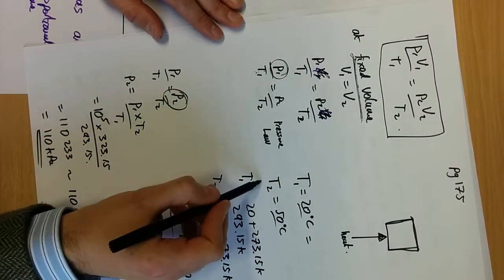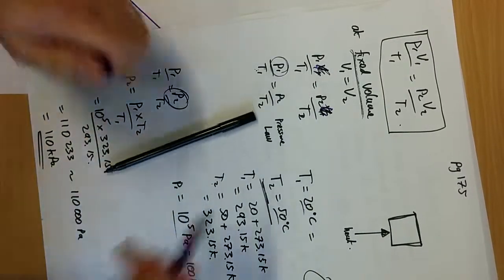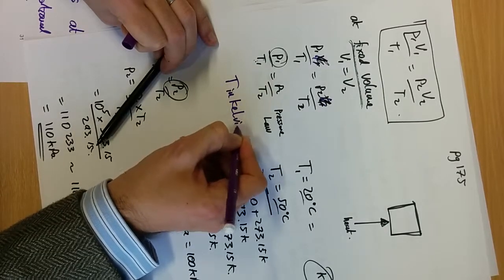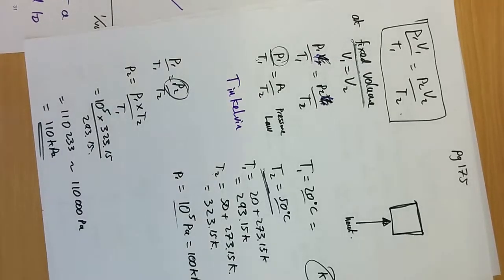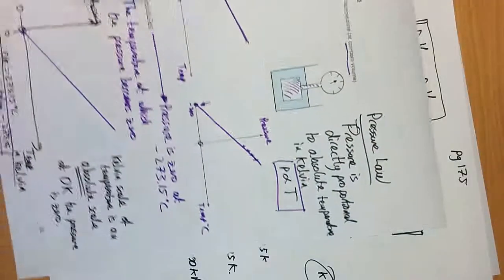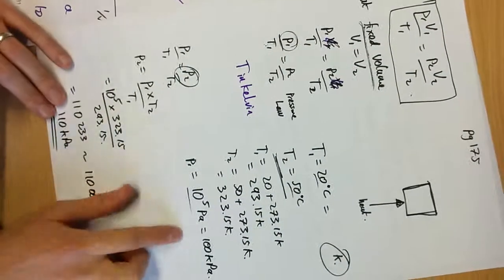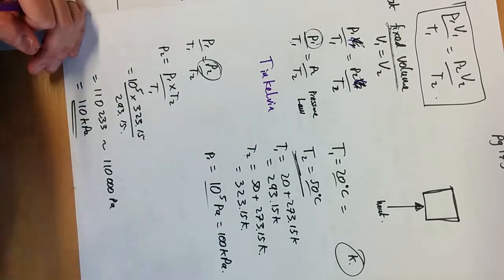You have to turn your temperatures into Kelvin. Temperatures must be in Kelvin for using the pressure law. It's got to come down to 0; it's got to be directly proportional. Then we just substitute in the numbers and we get the answer. Okay, thank you.